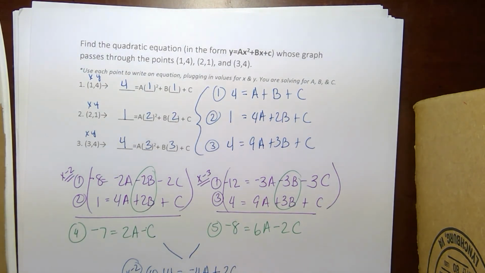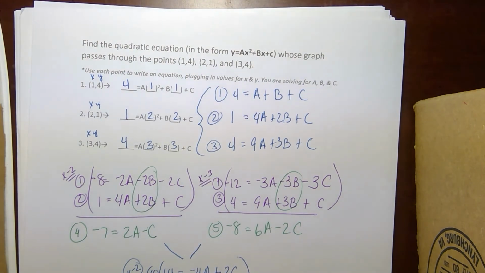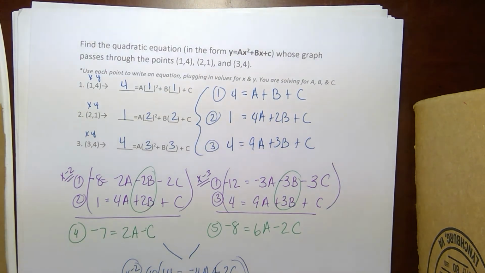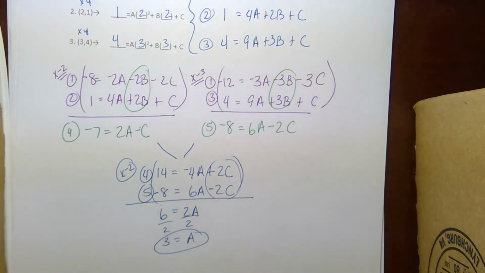I'm not changing my fifth equation. And I add those together, and I get 6 is equal to 2a, and then that adds to 0. So a is 3. And I found one of my variables. Sorry, I wasn't showing you guys my work. So I've got that a is 3.